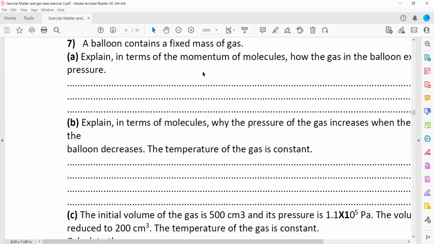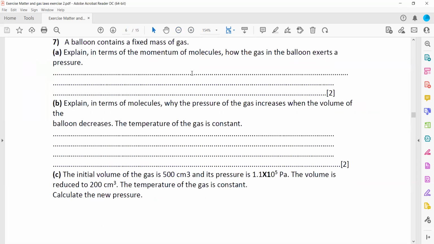In question 7, a balloon contains a fixed mass of gas. Explain in terms of momentum how the gas in the balloon exerts a pressure. This is a very important question, and you will find repetition of this type of question: explain the pressure exerted by the gas in terms of momentum.